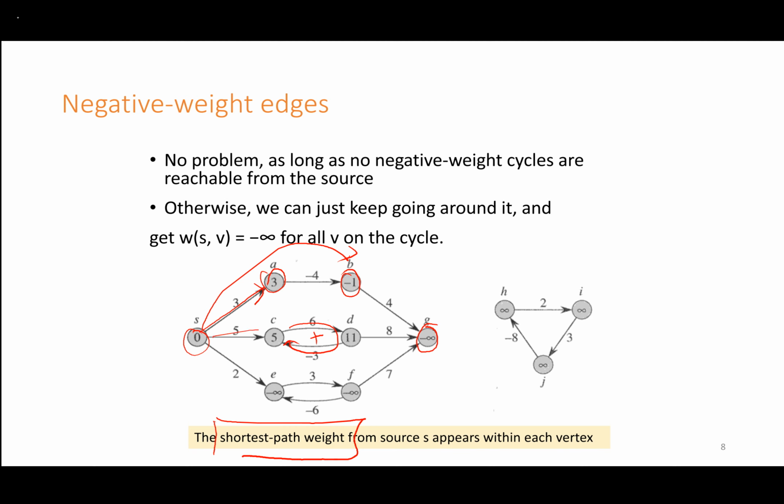This other branch is a negative weight cycle. As we proved, the shortest path from S to G will be negative infinity when we go around this negative weight cycle n times, with n going to infinity.